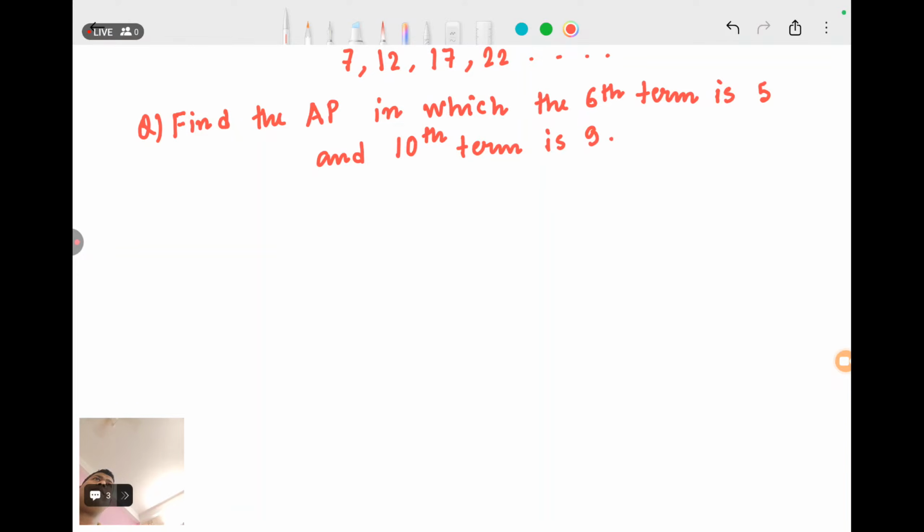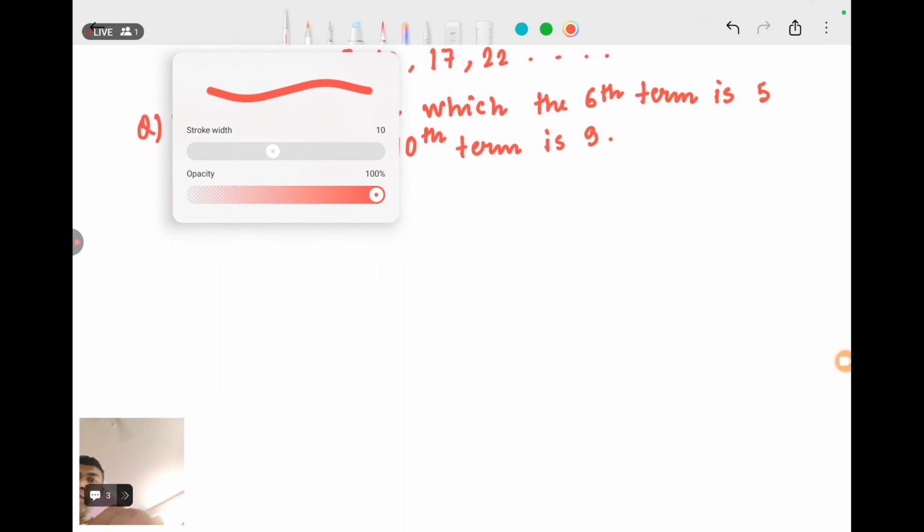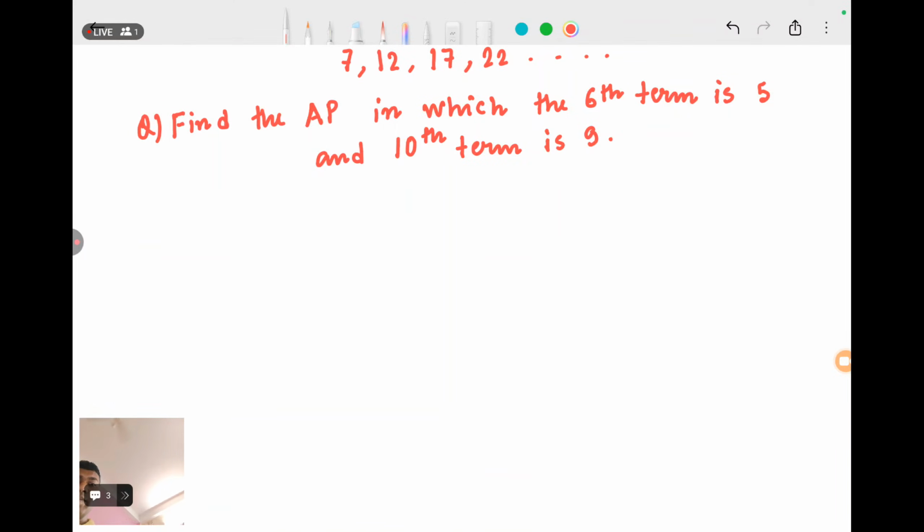The sixth term, that is T6, is equal to A plus 5D, and the 10th term T10 is equal to A plus 9D.